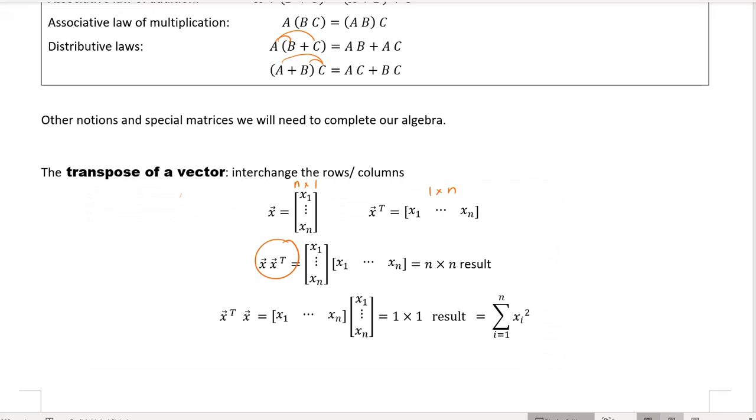So X is n by 1 and X transpose is 1 by n, so the result is n by n.